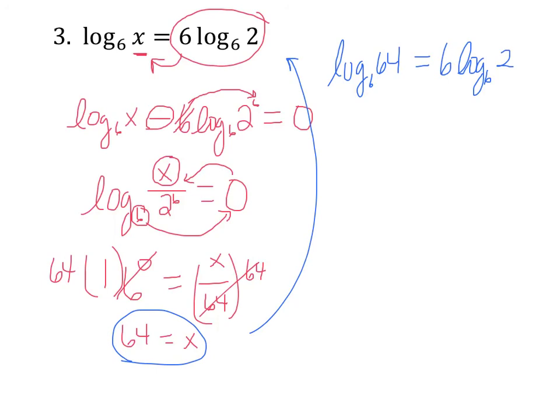Comes out to be approximately 2.32111, etc. Okay? Well, let's see what this one equals. So 6 times the log base 6 of 2, and you'll see when you type that into your calculator that that equals the exact same thing. Okay? So that checks off, and so you know that that is your correct answer.